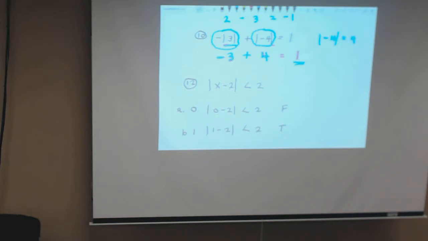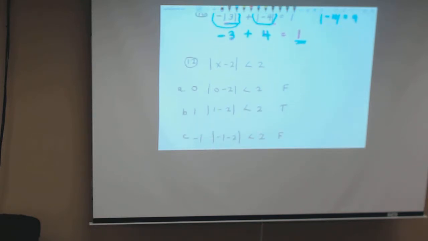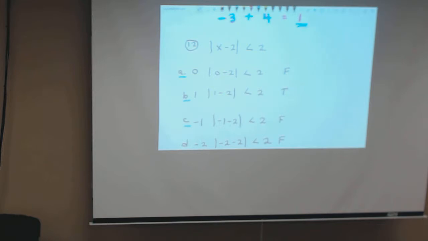And this is what we're doing here, is showing our homework. Number 12 says, determine which of the following are solutions of the absolute value of x minus 2 is less than 2. And they have 0, 1, and negative 1. So I just put 0 in for x.